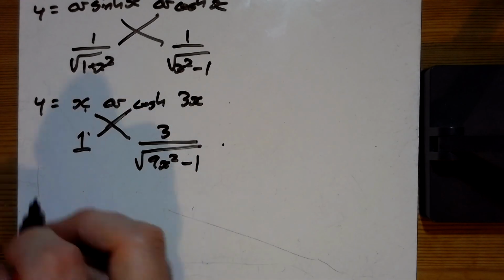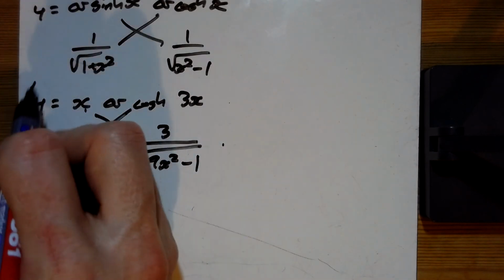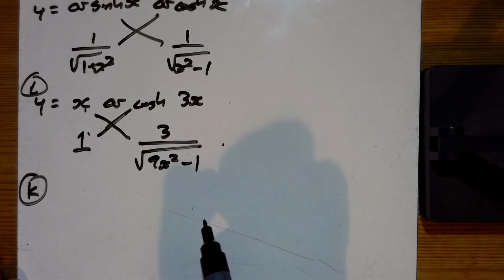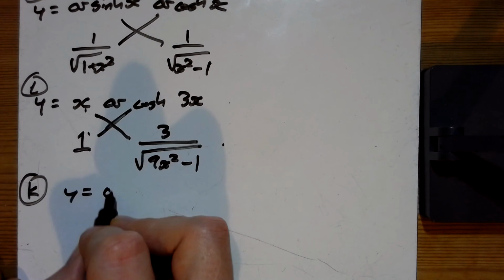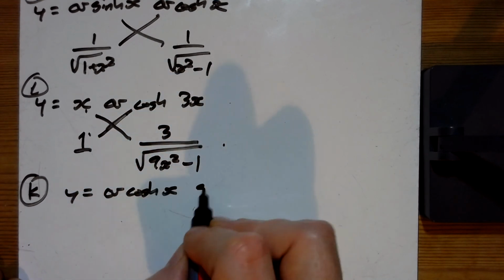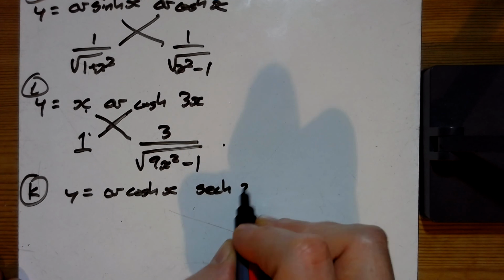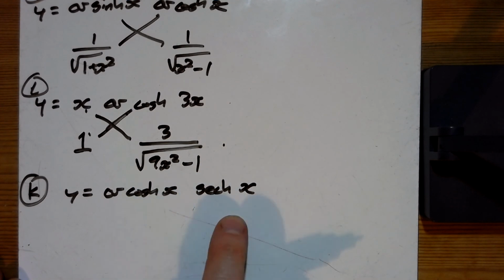Oh, I just realised I missed one out. That was convenient, wasn't it? So I missed out K. That one was L, wasn't it? That was J. So K was arcosh x, and then they were times in by sech x. Now, they don't cancel out. That's an inverse and that's a reciprocal.